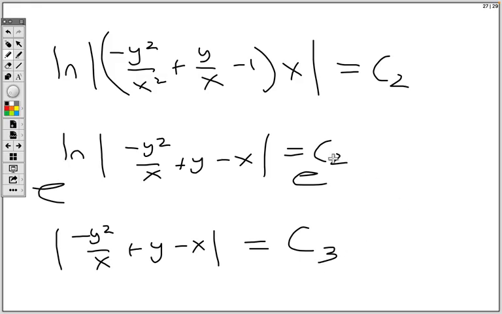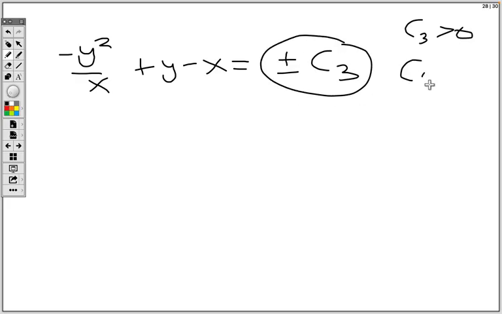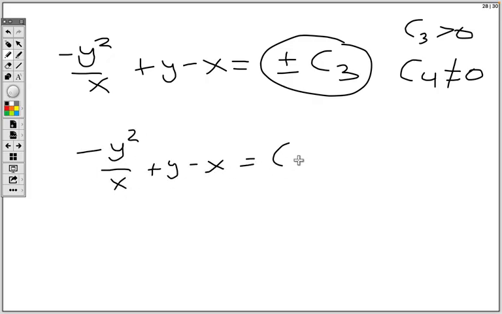I'll call that C3. Since C3 is e to the something, C3 is always going to be a positive number. How can I get rid of the absolute values? Plus or minus. C3 is always positive, so I can call this C4, and then that's just not 0. And then if I want to get the x's out of the denominator, I can multiply through by x.